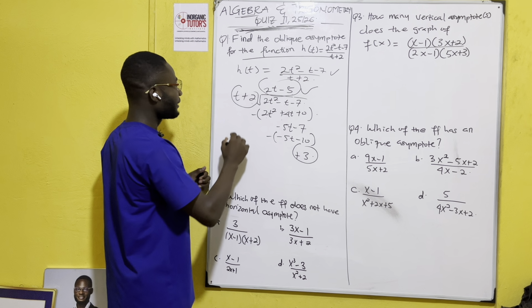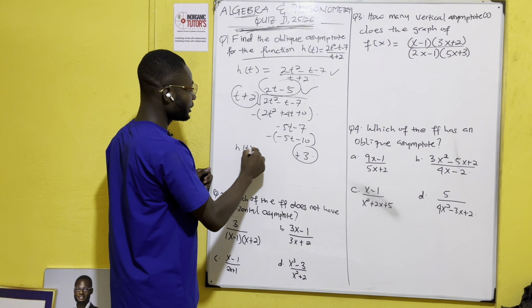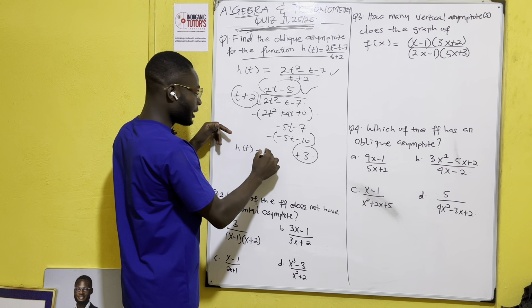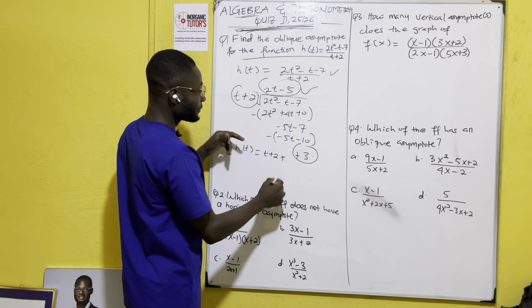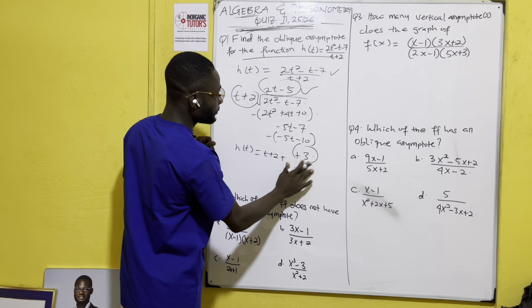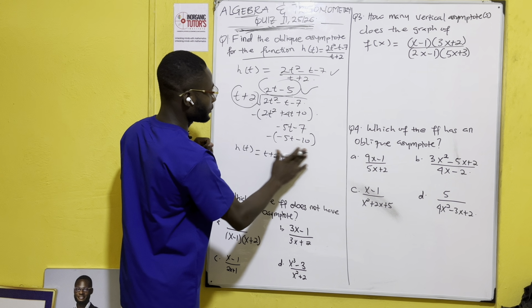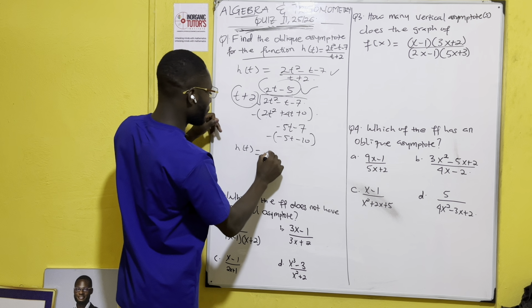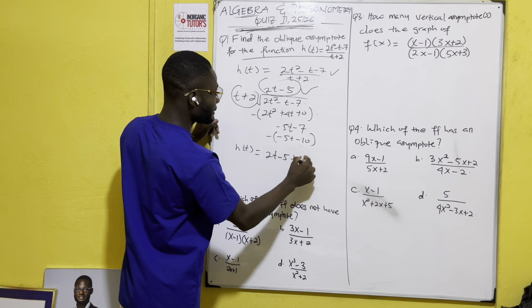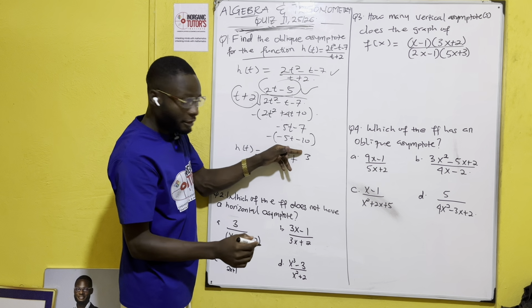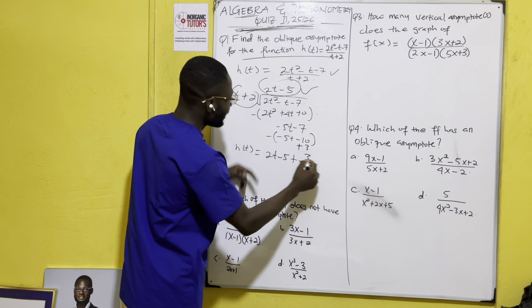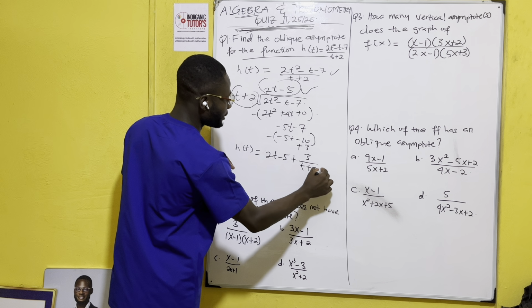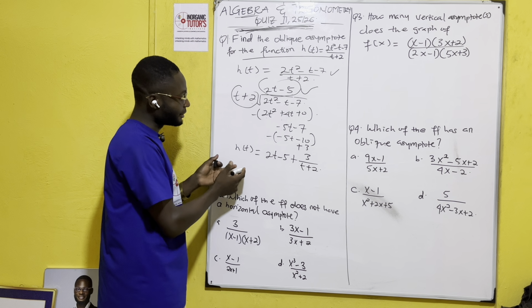So we say that the function now becomes h of t equals the quotient plus the remainder divided by the divisor, right? So this is how we write it now.